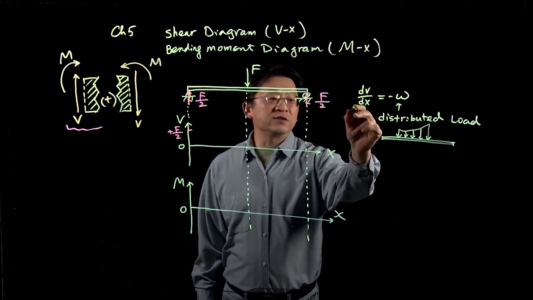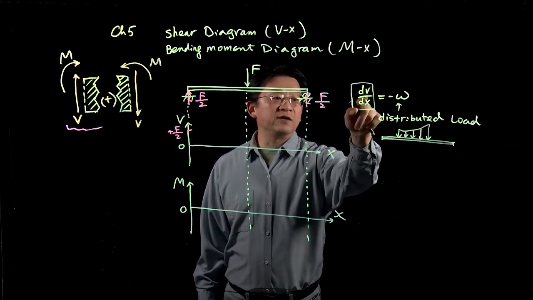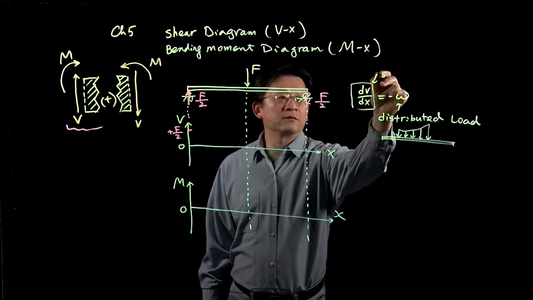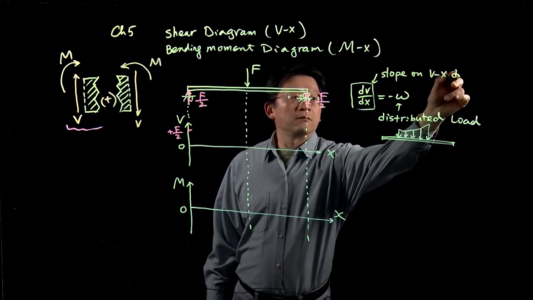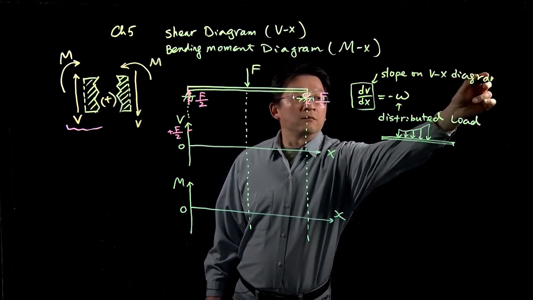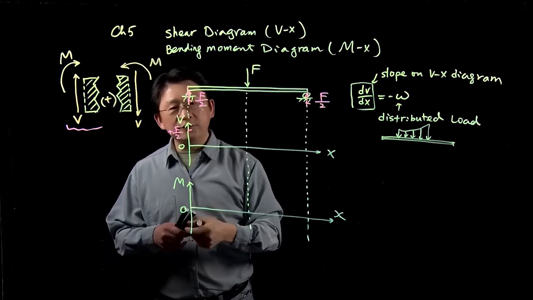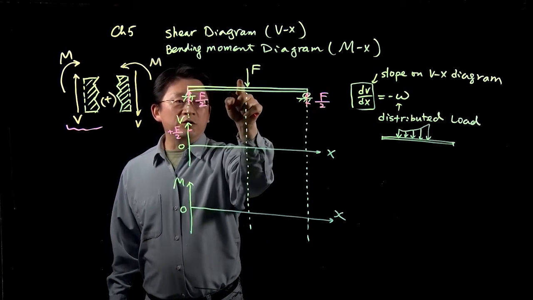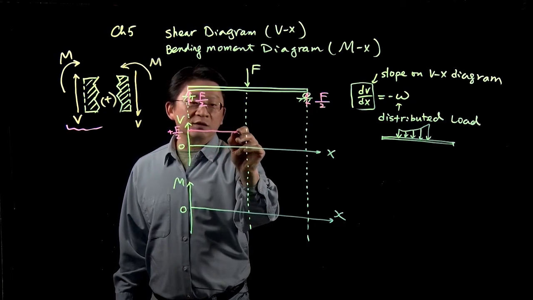So this equation says the slope of the V(x) diagram equals 0. We start from this value, and in this range there is no distributed loading, so the slope equals 0.